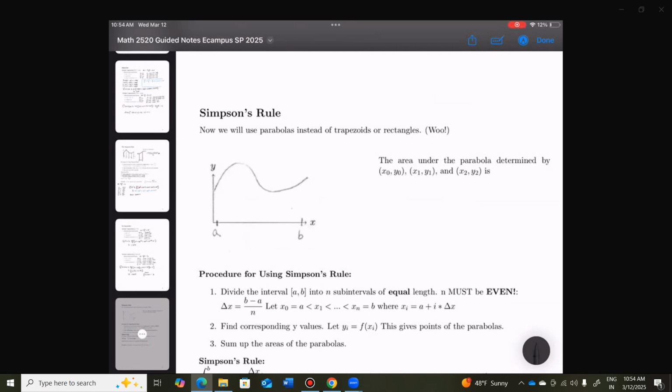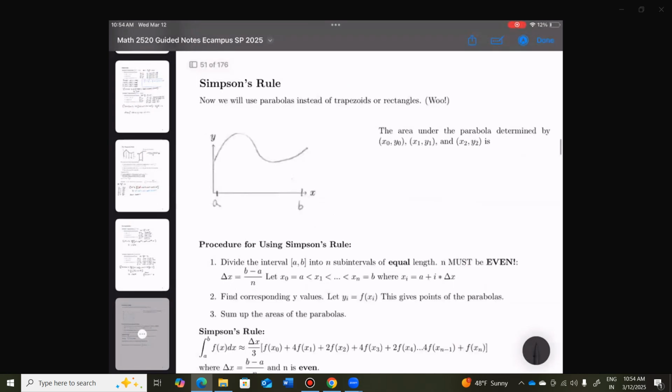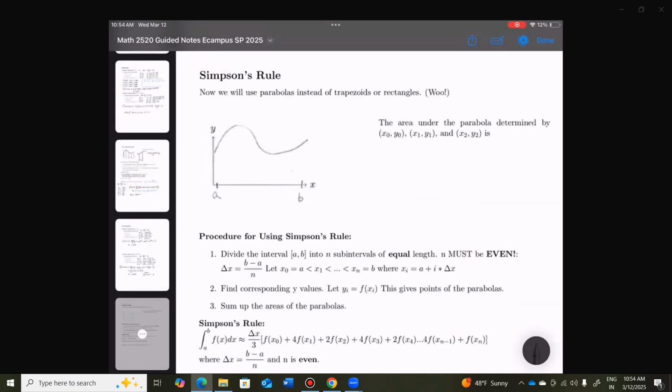Okay, so now with Simpson's rule, we use parabolas instead of trapezoids or rectangles.